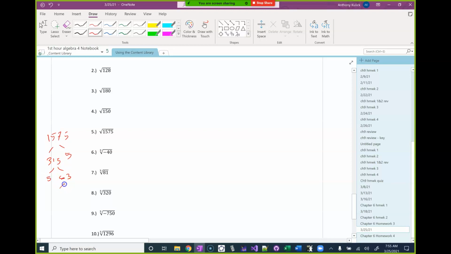So I have 5 and 63. 63 is 7 and 9, and then 9 is 3 and 3. So I know that 1575 is, let's see, I have two 5s, so I have 5 squared. And then I have two 3s, so I have a 3 squared. And then a 7.